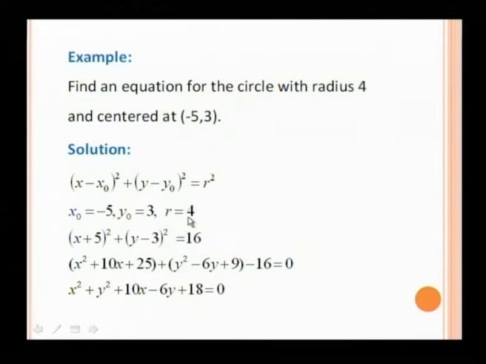Putting all these values in the equation of the circle, we get (x plus 5) whole square plus (y minus 3) whole square is equal to 4 square, which is 16. By more simplification, the final equation of the circle becomes x square plus y square plus 10x minus 6y plus 18 is equal to 0, which is the final equation of the circle centered at -5, 3 and radius 4.